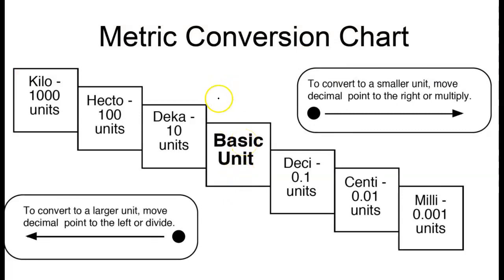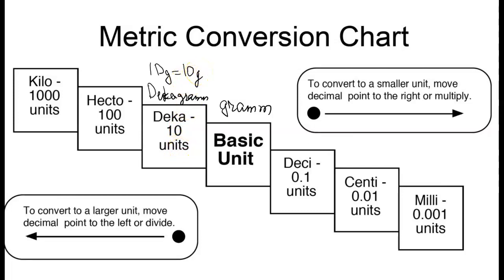So the basic unit for mass, we already agreed, is gram. To make it 10 times greater, you need to use the prefix deca, so it will be decagram. 1 decagram equals 10 grams because it's 10 times greater than a gram.